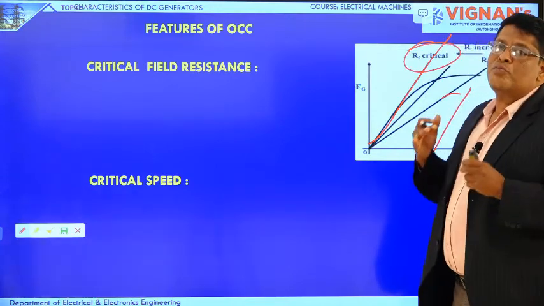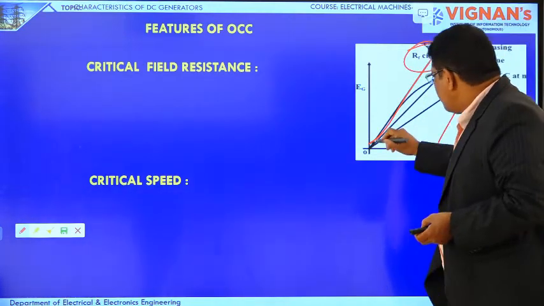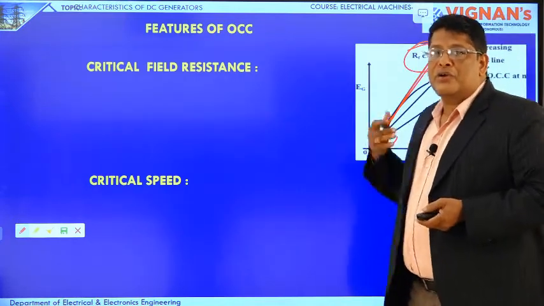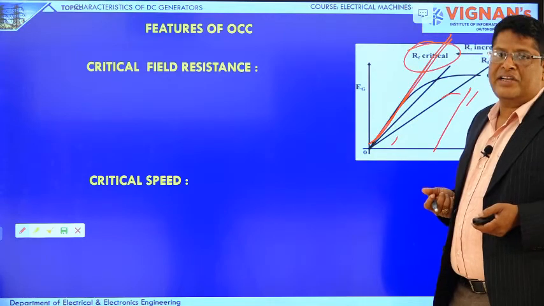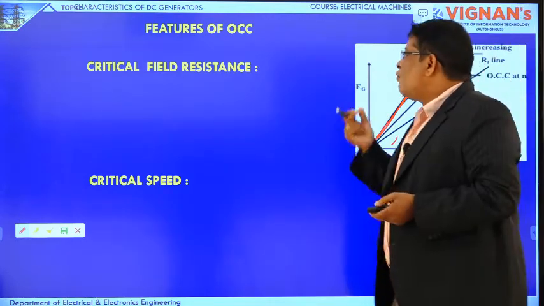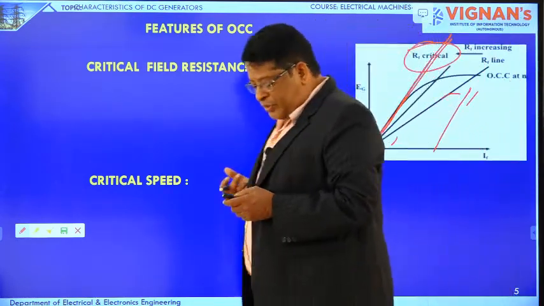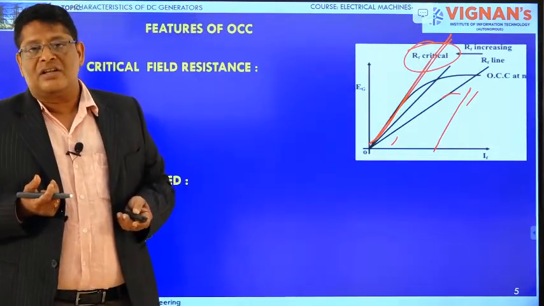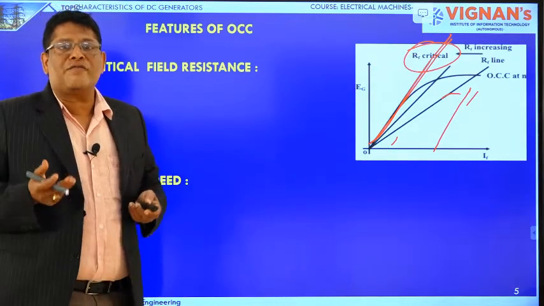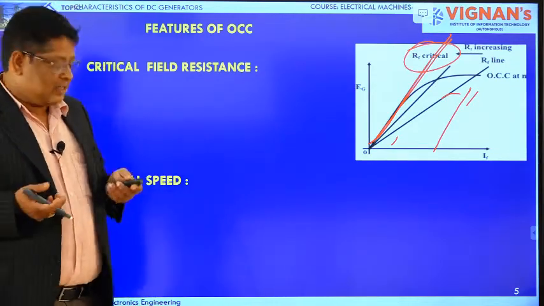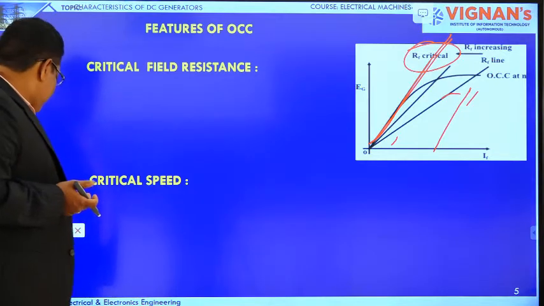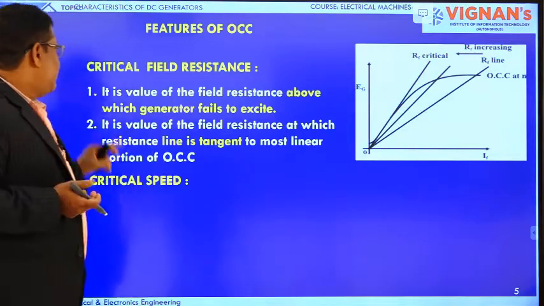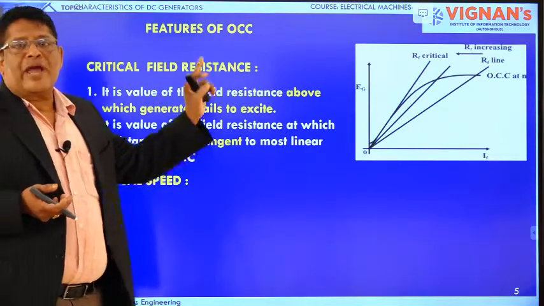If the field resistance is more than this value, the generator fails to generate power. That's why we define the critical field resistance. It is the field resistance value above which the generator fails to build up a voltage, fails to excite.